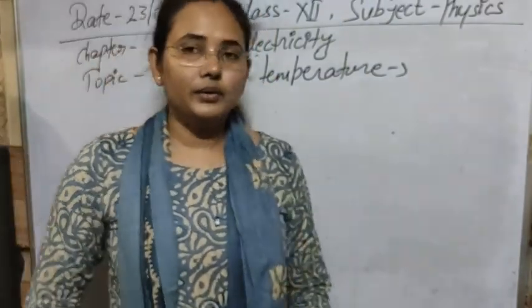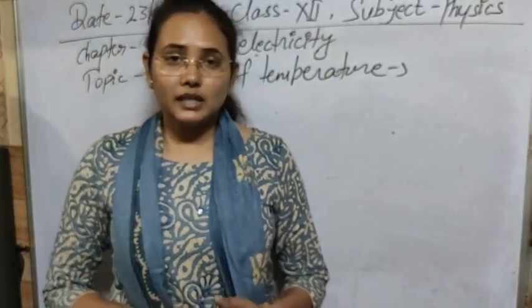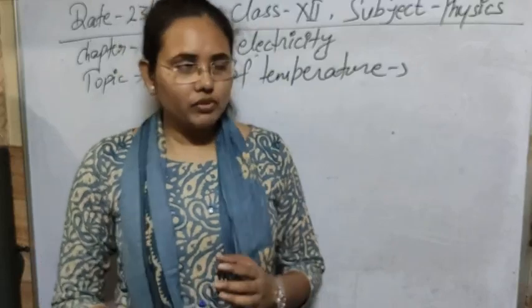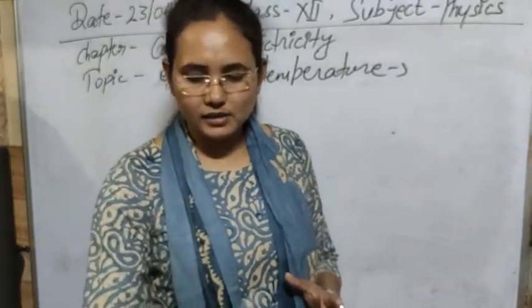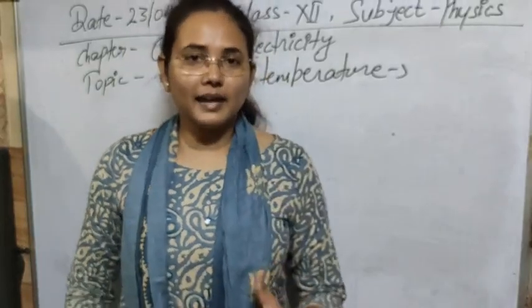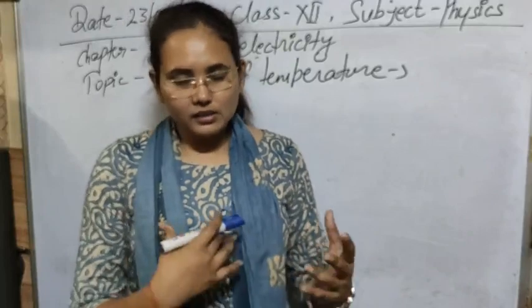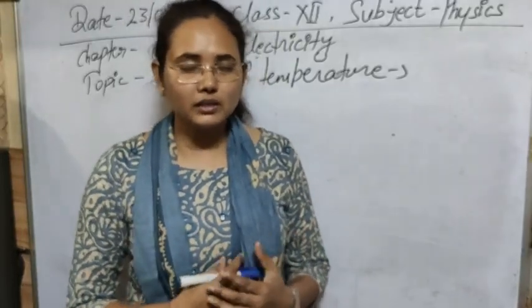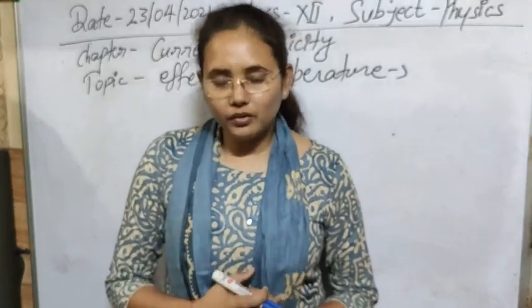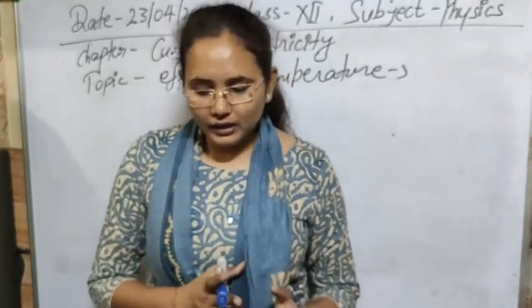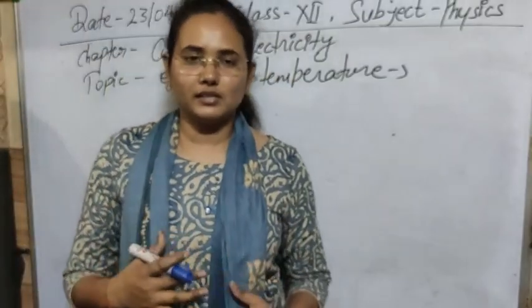Now, where are we using this kind of information about resistance with change in temperature? To make any standard resistor, we use alloys like manganin, Eureka and Constantan. The reason is that these materials have a high value of resistivity.